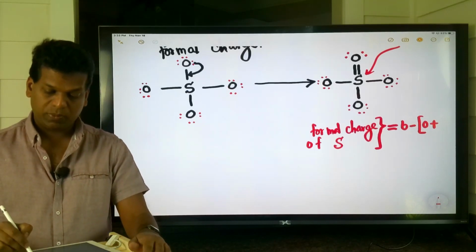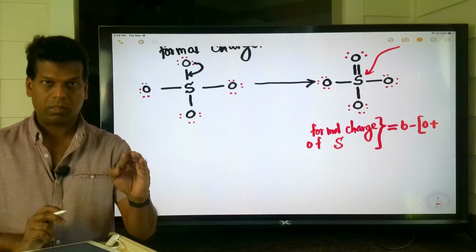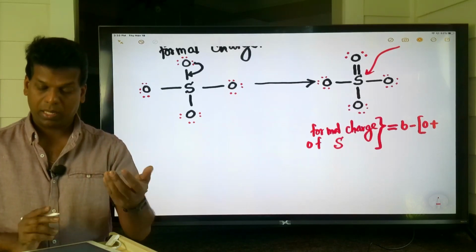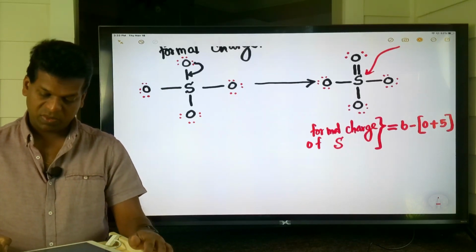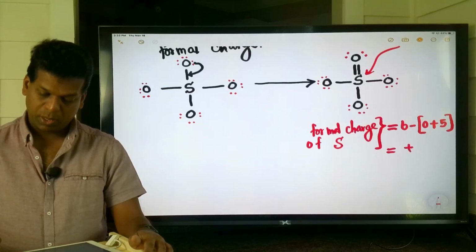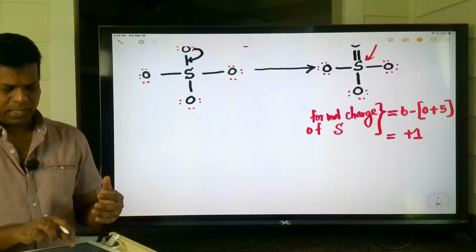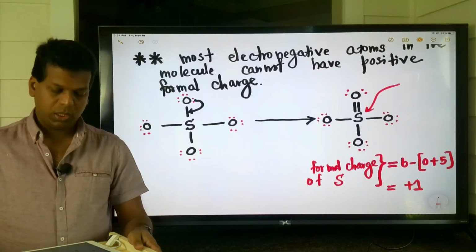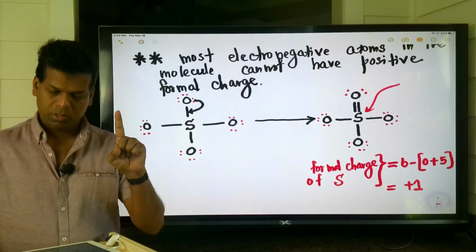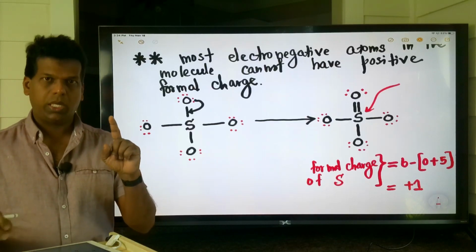Now you see 5 lines, that means 10 electrons, we need half of that, so 5. 6 minus 5, it is +1, so still it is +1.